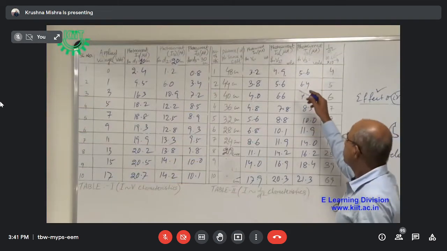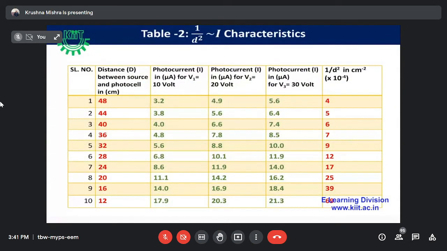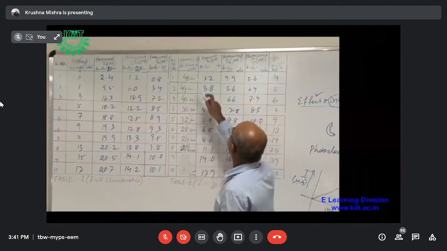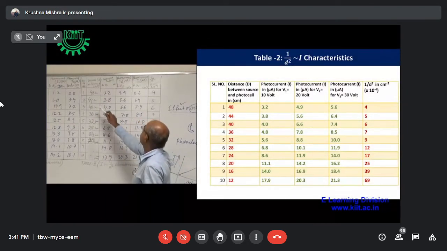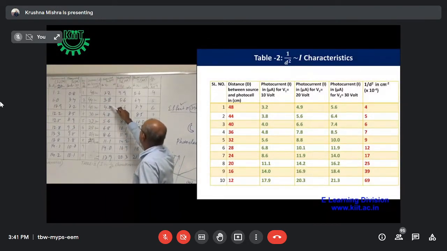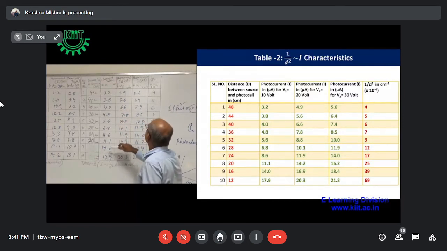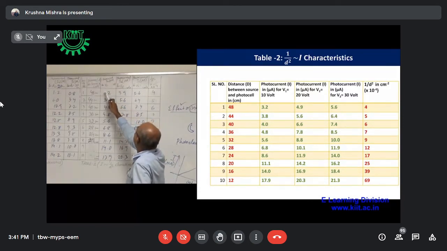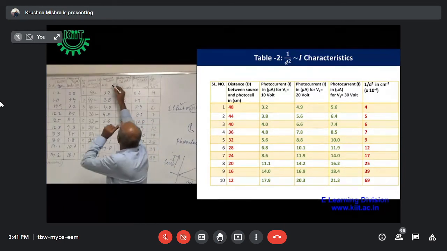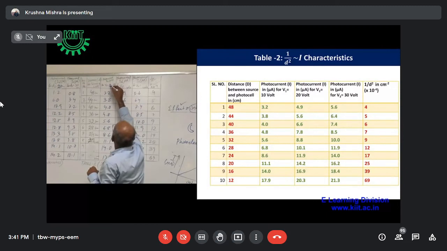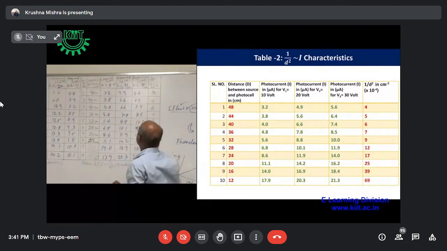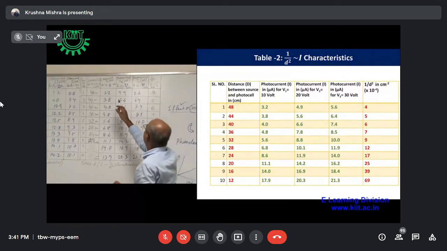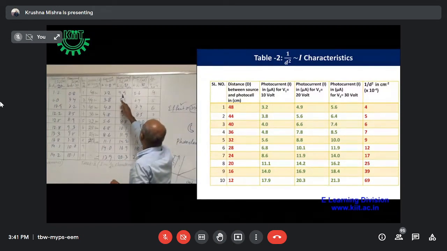From this entire table we can easily see that when the distance is gradually decreasing by 4 cm, the photocurrent increases, when the voltage is kept constant, here 10 volt. Similarly if we proceed for 20 volt, 30 volt, like this, then we will get this type of observations.